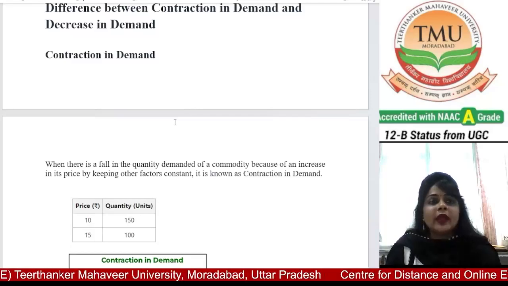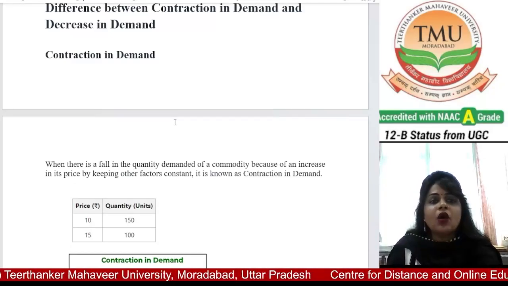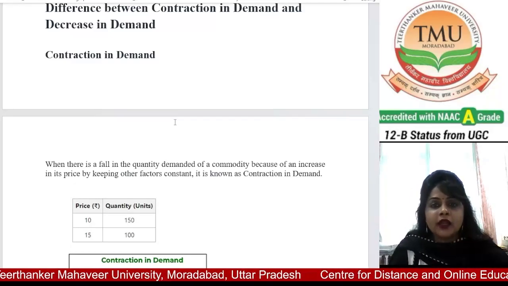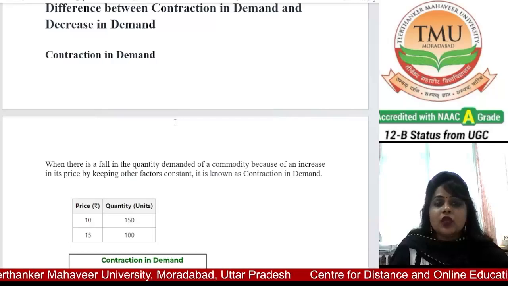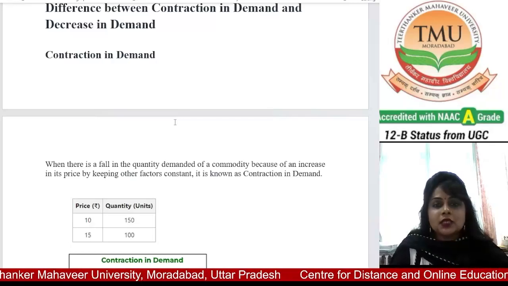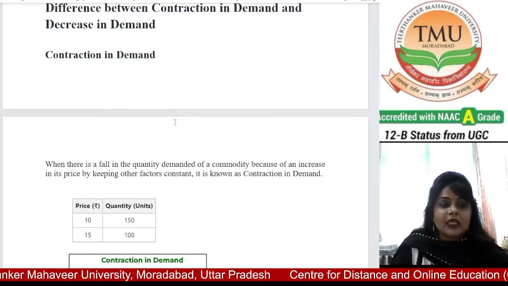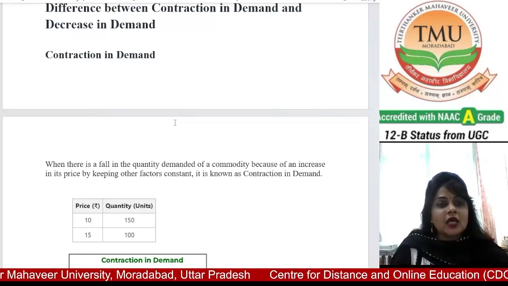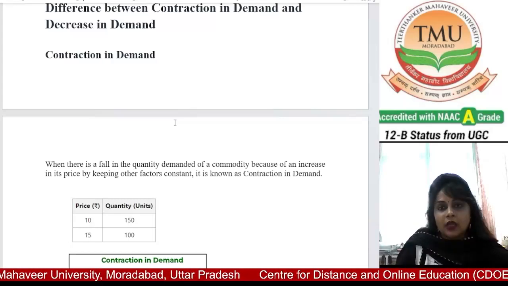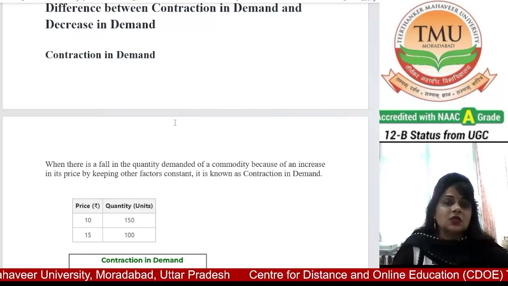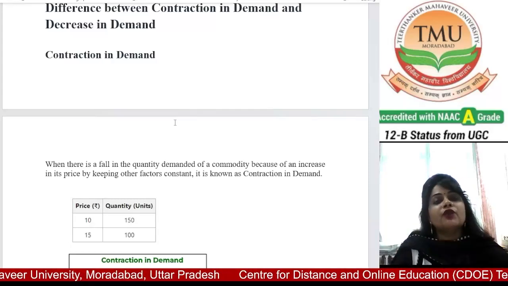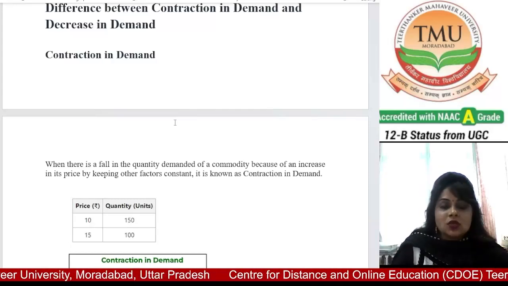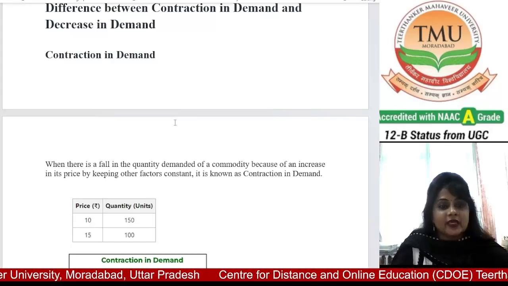Now, when there is a fall in the quantity demanded of a commodity because of an increase in its price, keeping other factors constant, it is known as contraction in demand. It means, in simple terms, the demand for a commodity falls because of an increase in its price.